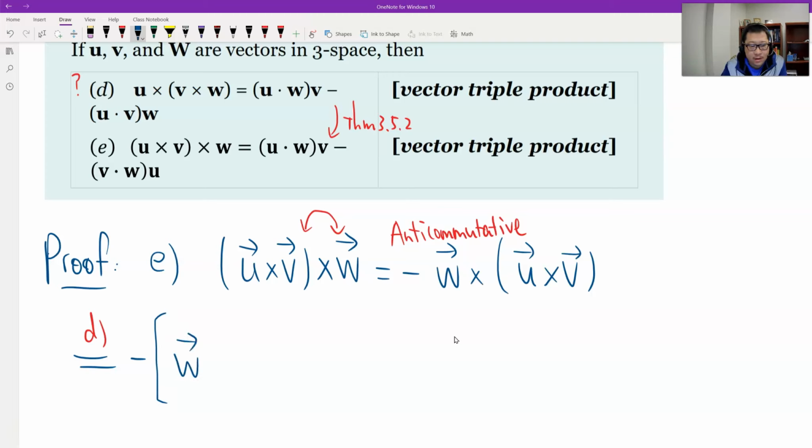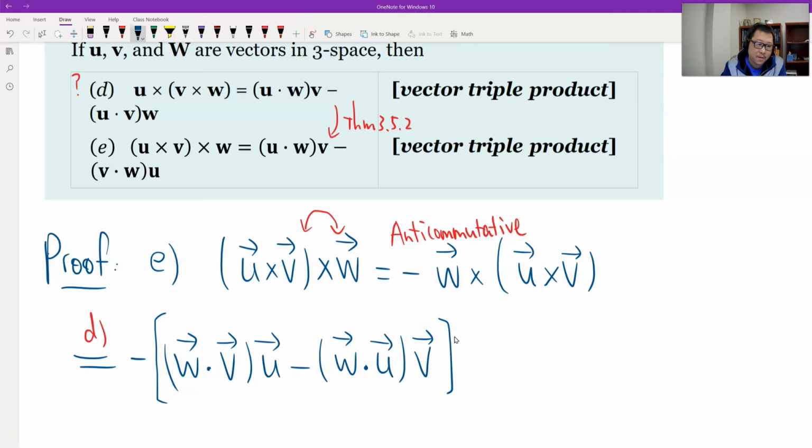The first W times the second V. The pattern is the first vector dot the second vector, minus the first dot the second. So here should be W dot U times V, minus W dot V times U. So this is D.